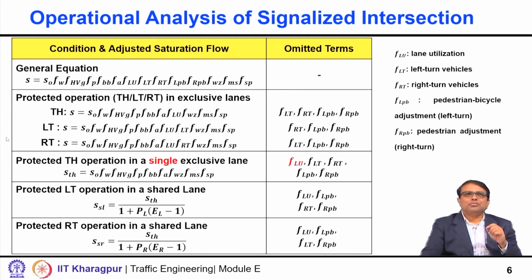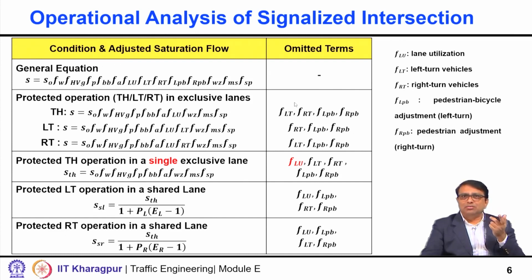Now, if you consider the through, then some of the factors mentioned in the generalized equation will not be applicable. For example, FLT, the left turning vehicle factor, because we are talking about an exclusive through lane.